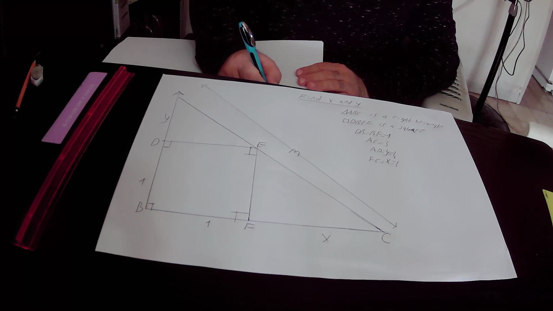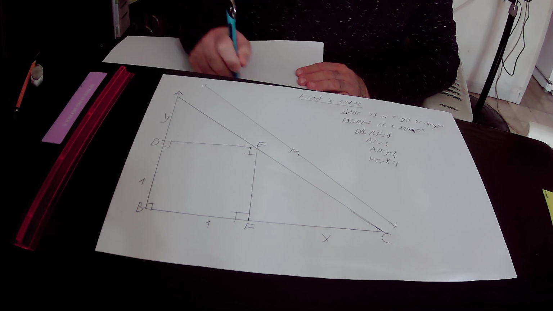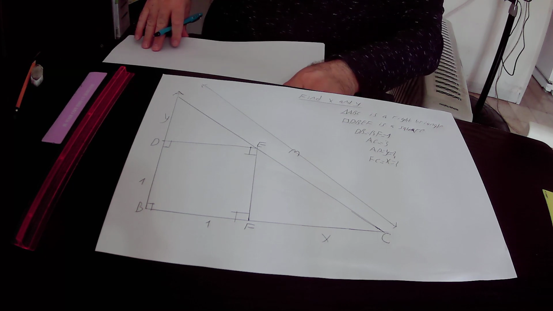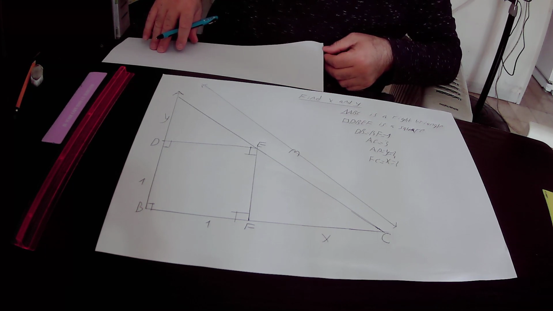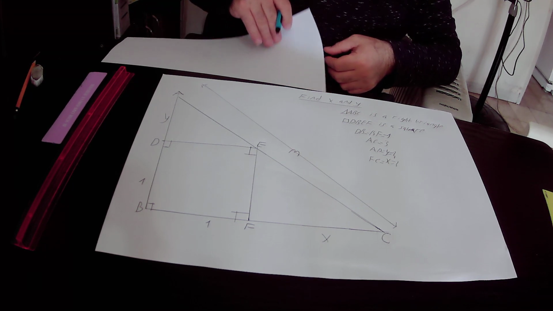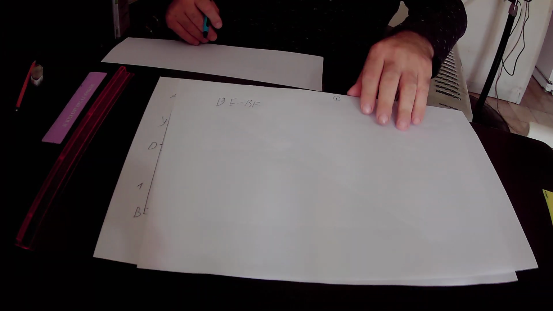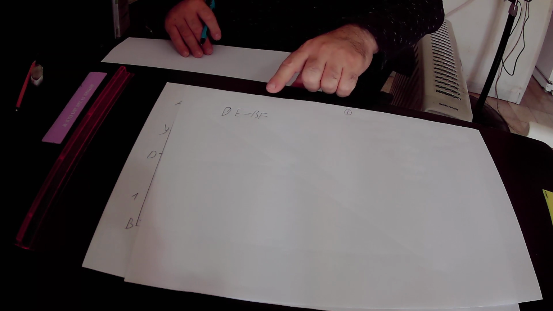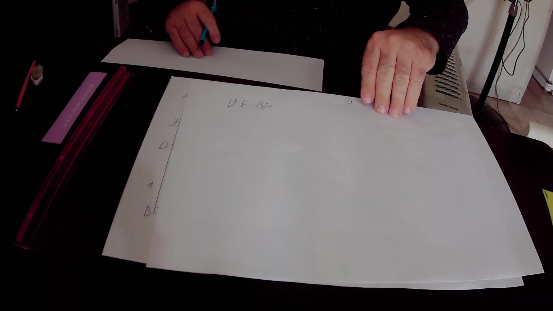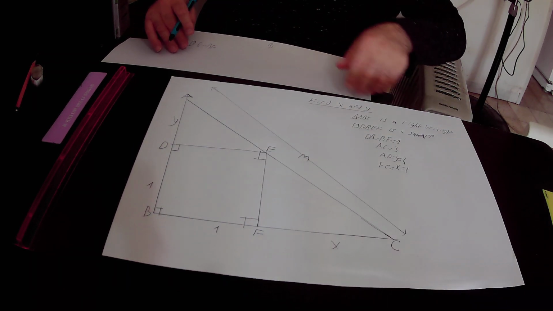According to the rule that the opposite sides of a square are parallel to each other, we get that DE is parallel to BF in square DBEF.